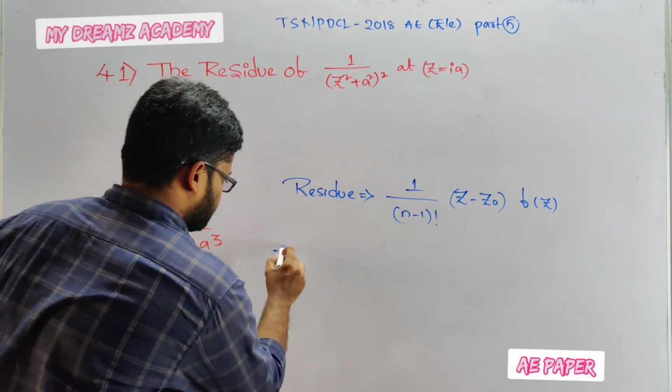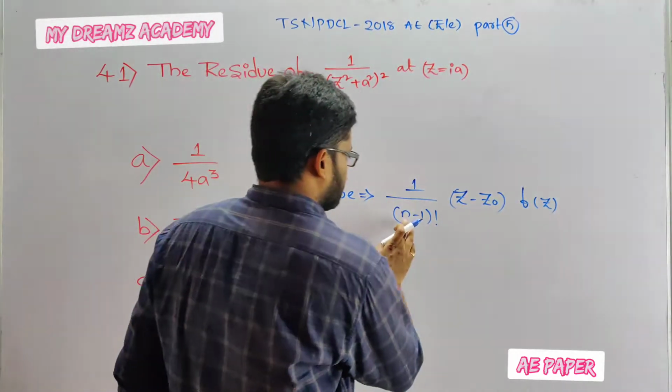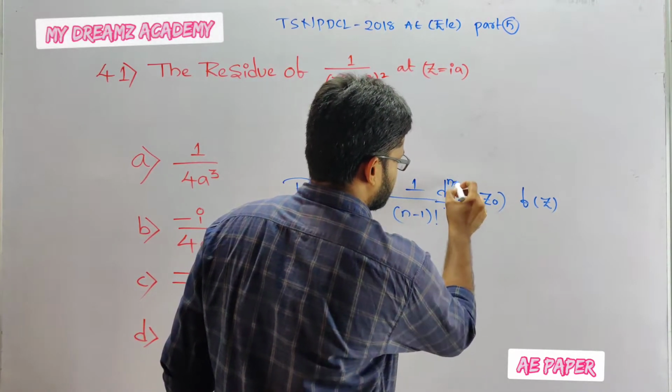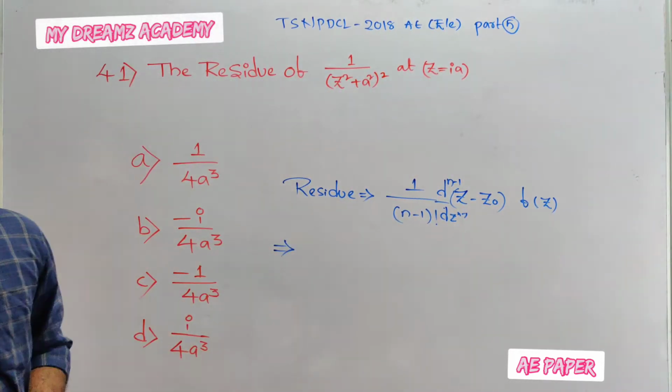And d to the power of n minus 1 by dz to the n minus 1. So this is the total formula.